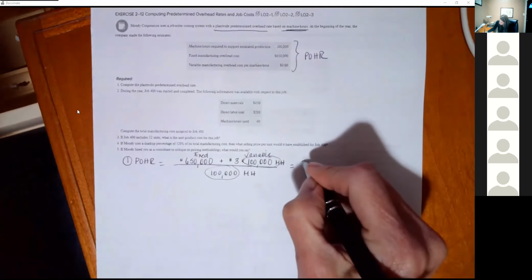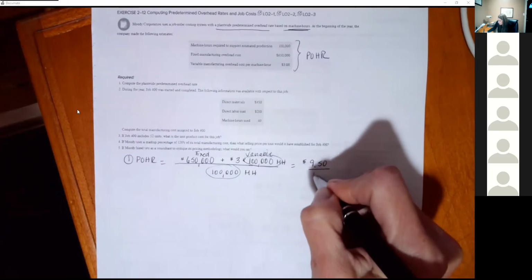Did anybody do the math? 9.5. Good. So I'm going to make sure that I make note of the unit. So it's 950 per machine hour.